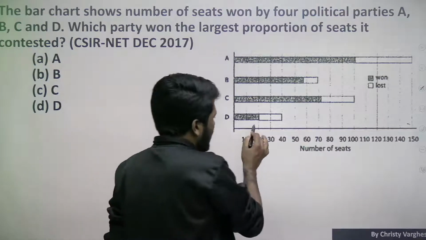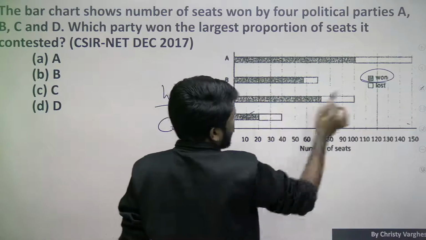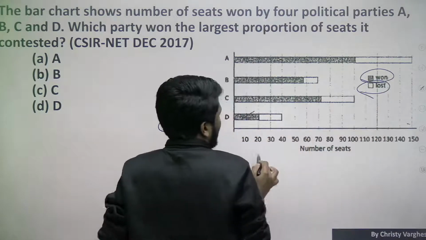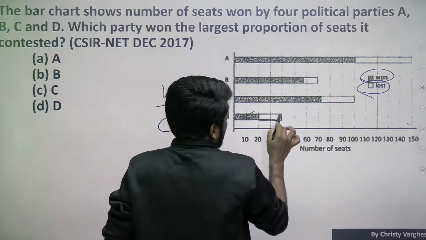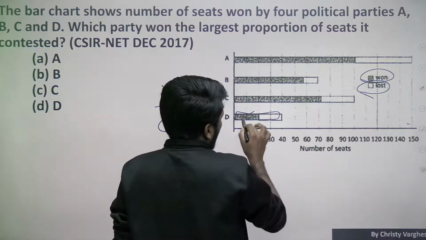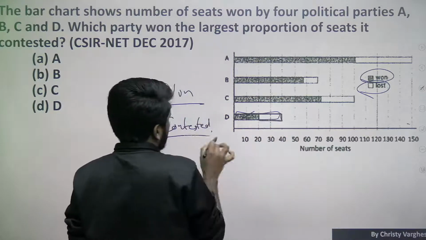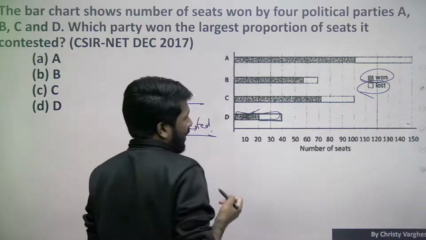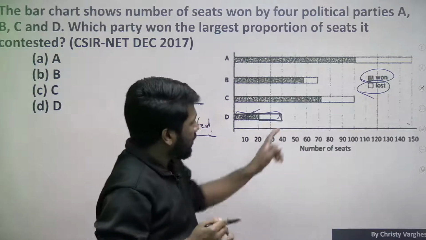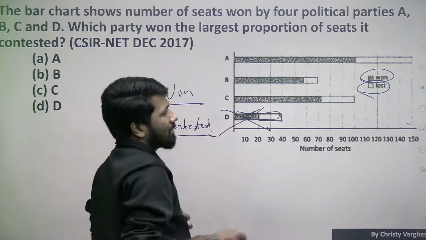Look at D: the dark region represents seats won, and the plain region represents the total seats. So won by total is almost half only. It won only half of the contested seats, but these three are more than half. So definitely D cannot be the answer.